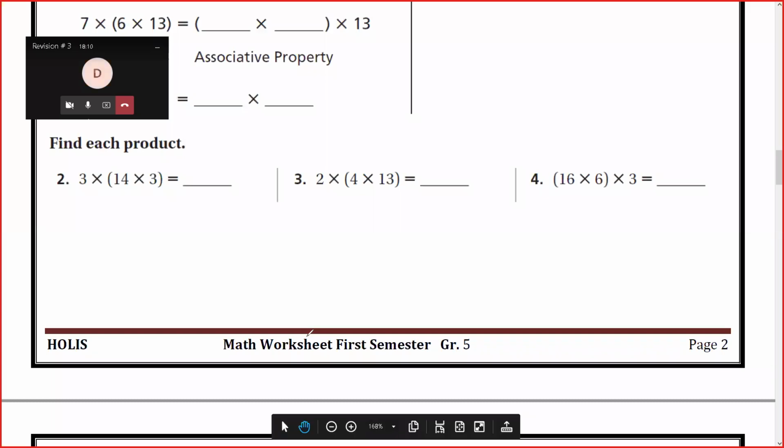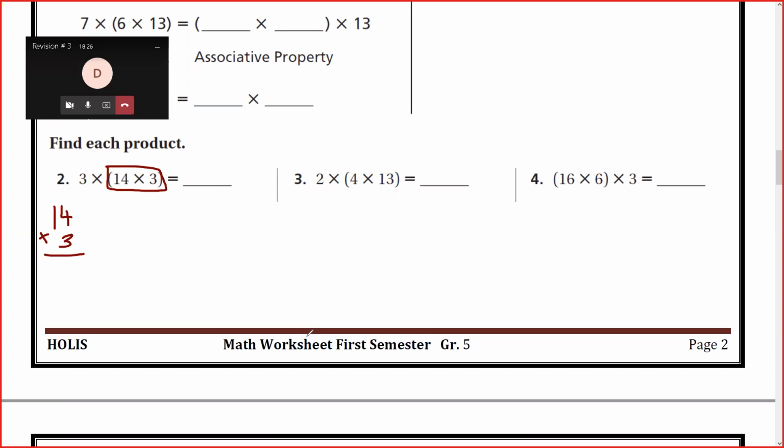3 times 14 times 3. How can we write it? Multiply 3 and then the number that is equal multiplied by 3. Okay, so let's make it now. 14 times 3. 3 times 4, 12. 3 times 1, 3 plus 1, is equal to 45.